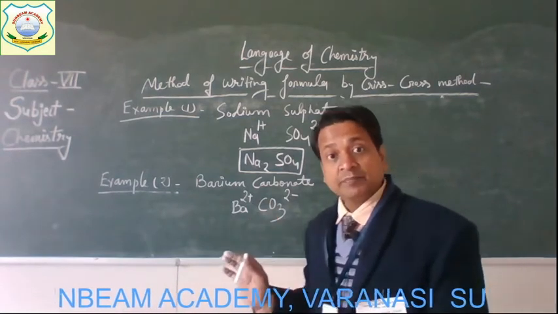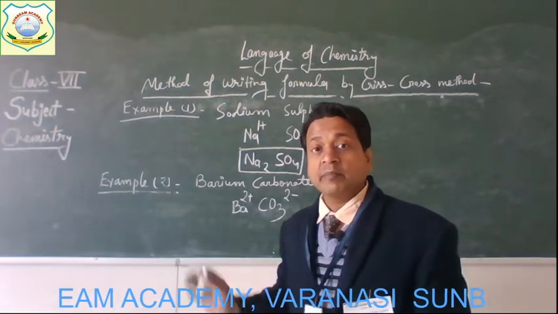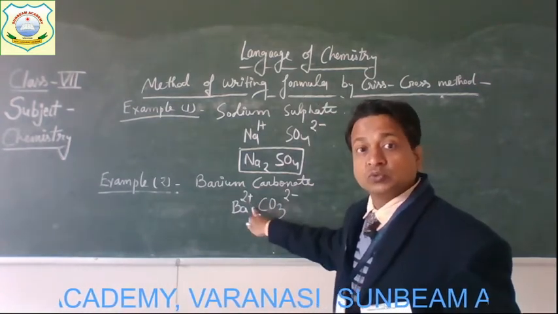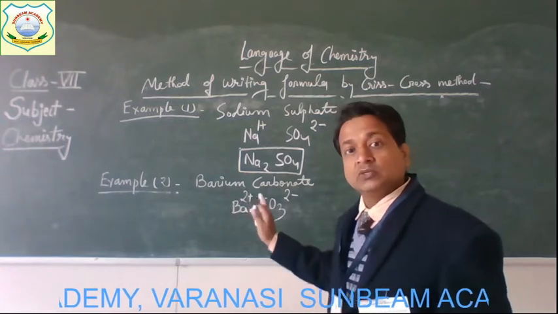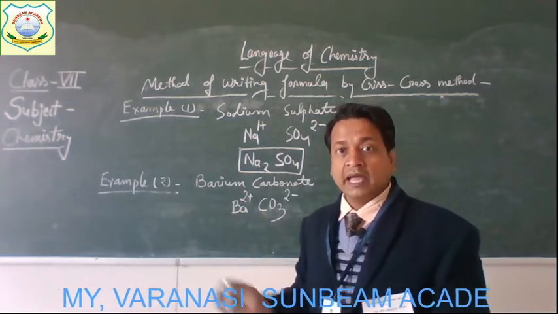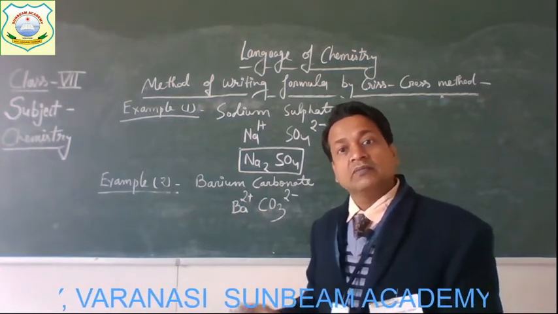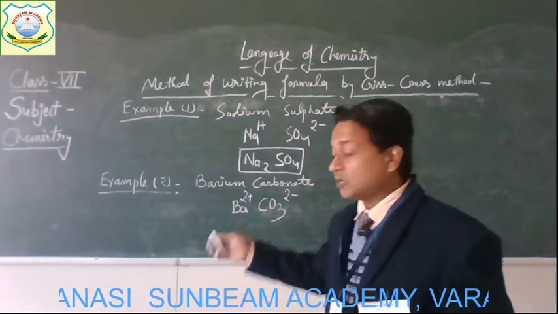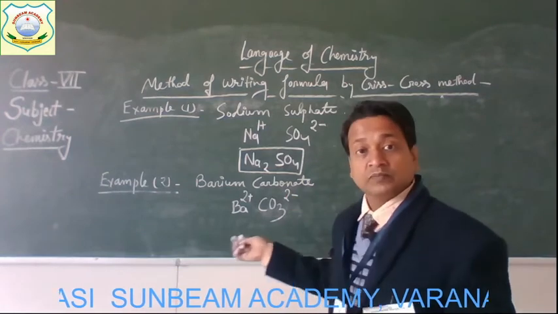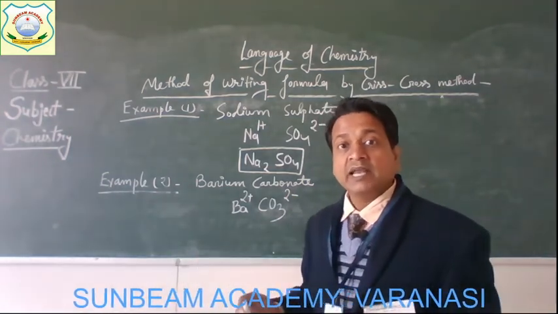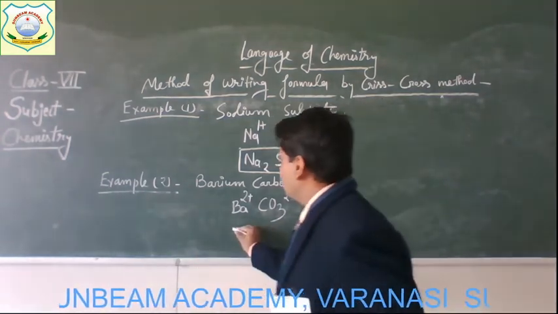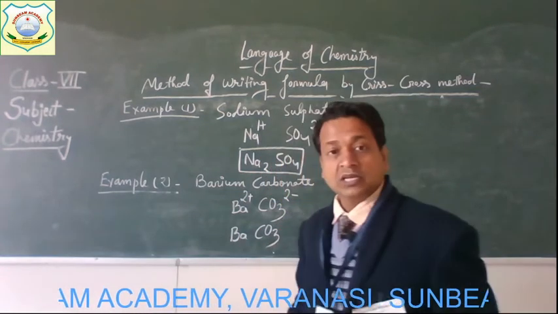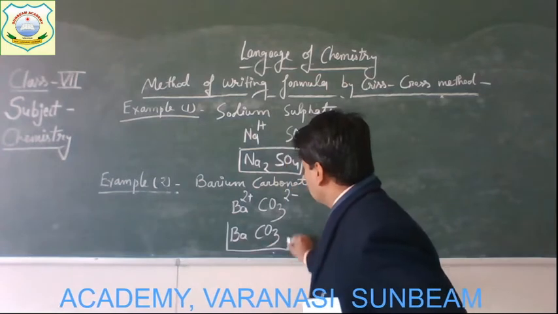Now the second step is removing the common factor. The common factor is 2, and we will remove this 2 from both of them and cross the valencies. After removing the common factor 2, there is no valency left, and the formula we get is BaCO3.